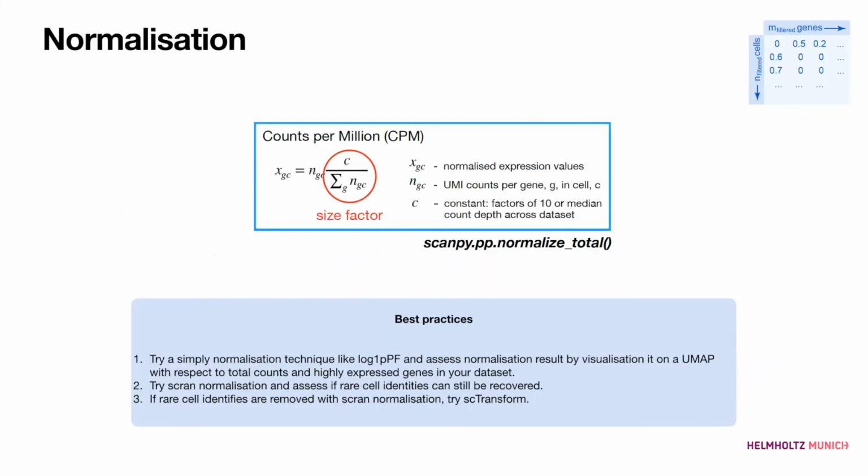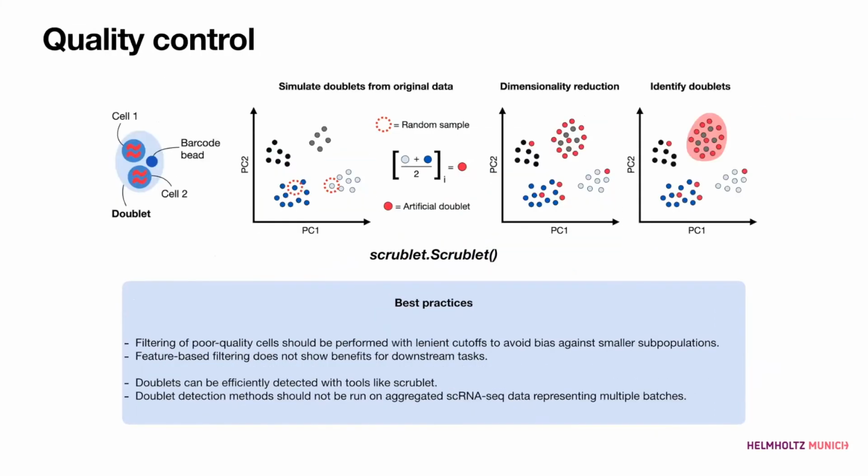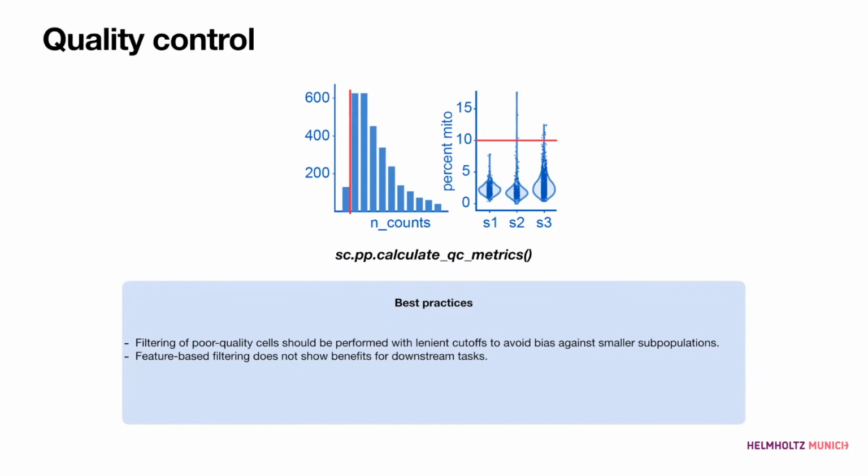Okay, so for the first question, for the quality metrics that we calculate, the number of counts and the percent mitochondrial reads is mostly what we use. I also look at the number of cells that every gene is expressed in, and I filter those, although it does not seem to show that many benefits. Maybe I'm a bit old school for this.